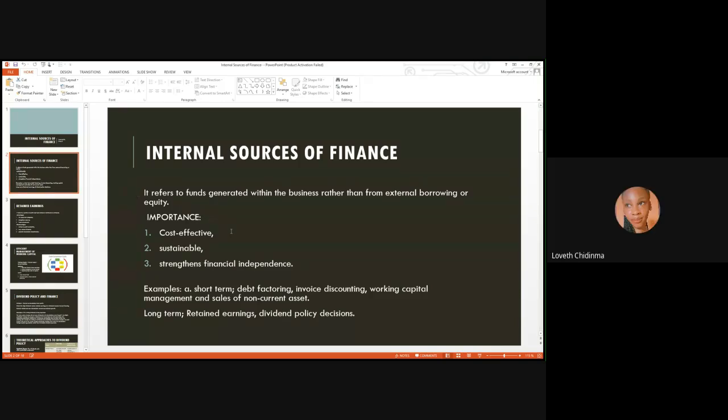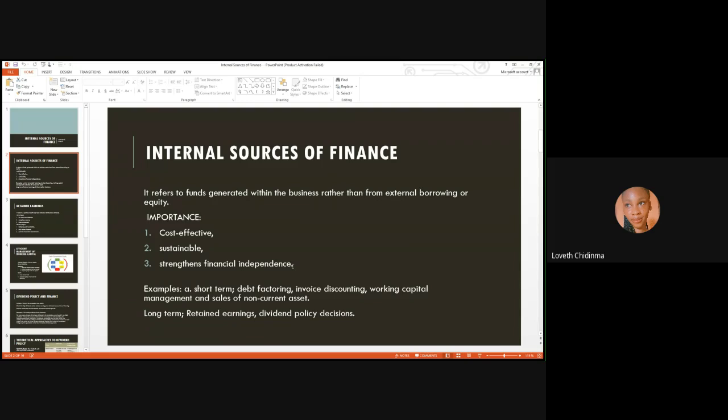Okay, so internal sources of finance refers to the funds generated within the business rather than external borrowing or equity. The importance is that it is cost effective, sustainable, and strengthens financial independence.